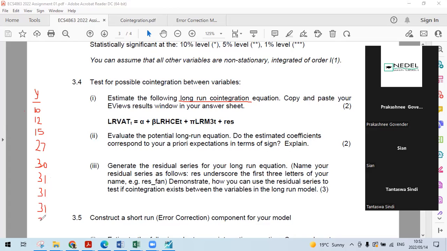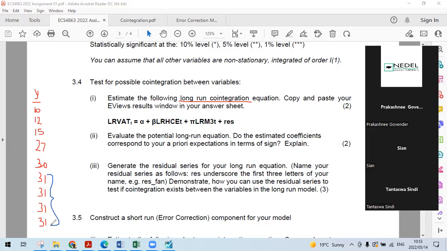Moving forward, it's 31, right? The moment you see this happening, you can safely say, you know what? This variable is no longer changing. It has converged upon some long-term values. We can actually say we are now in the long run.